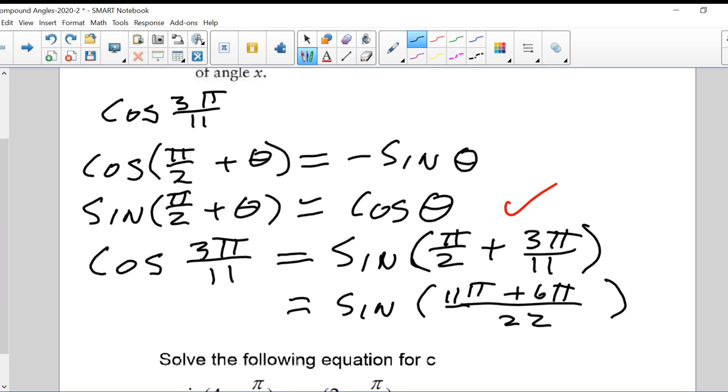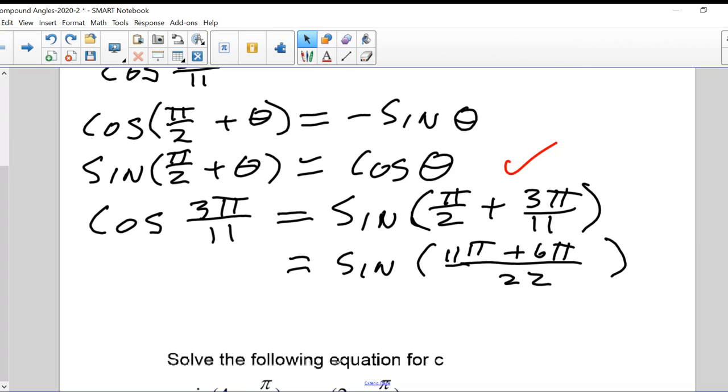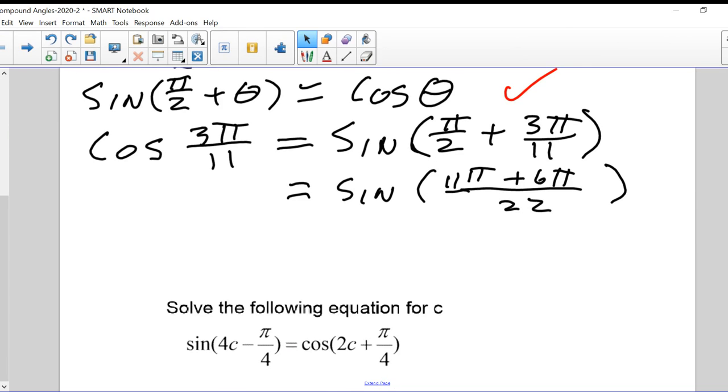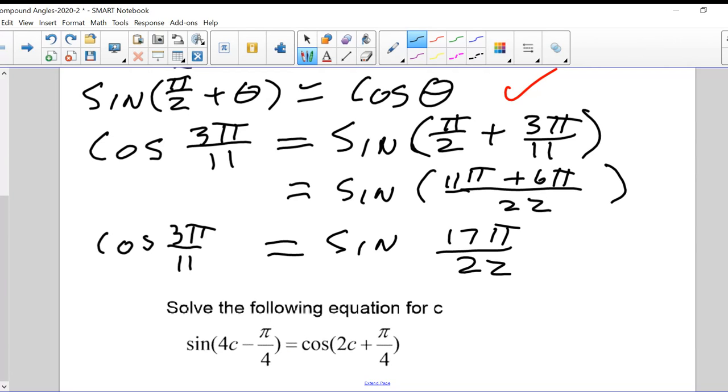So I'm just doing regular, good old fashioned arithmetic here, folks. Let me bring this down some more. So far, here's what we have: originally we had that the cosine of 3 pi over 11 is actually equal to the sine of 17 pi over 22.